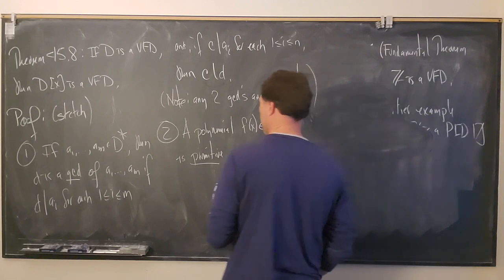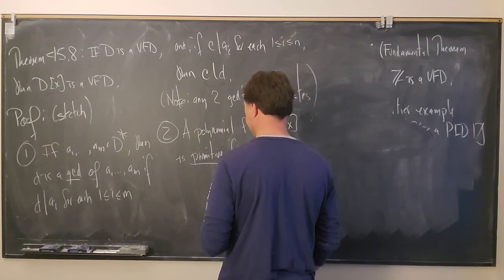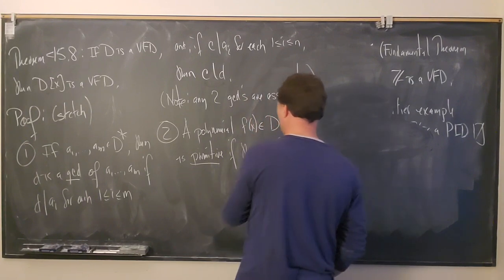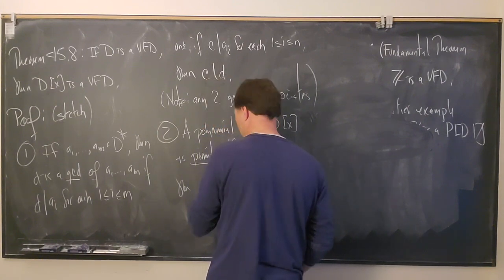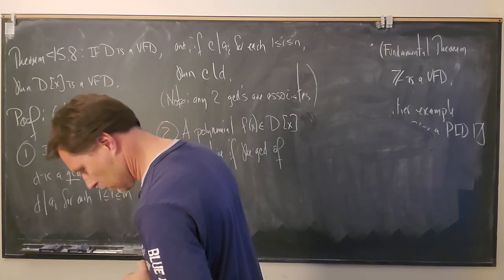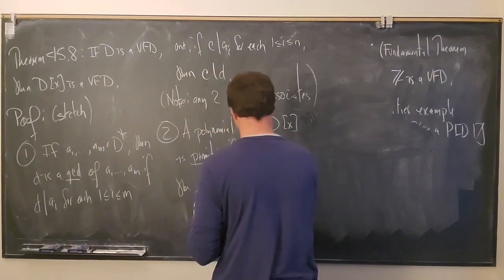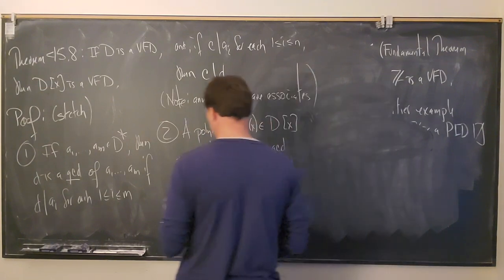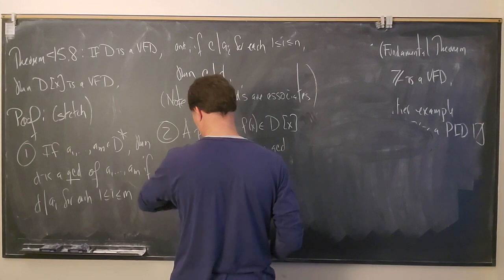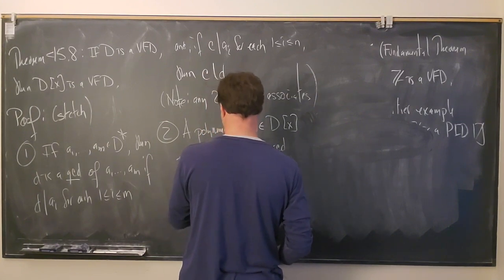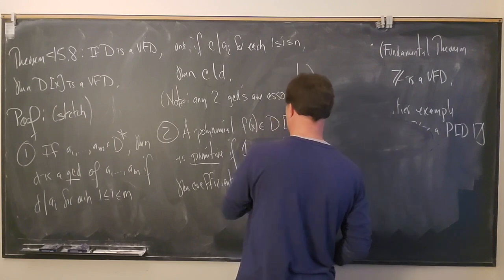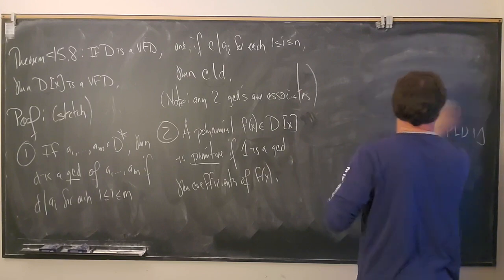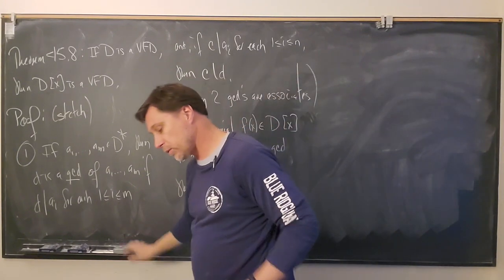A polynomial is primitive if, let me say it better, if 1 is a GCD of the coefficients of f(x). Okay, so that matches the way we defined it for integers, or polynomials with integer coefficients.